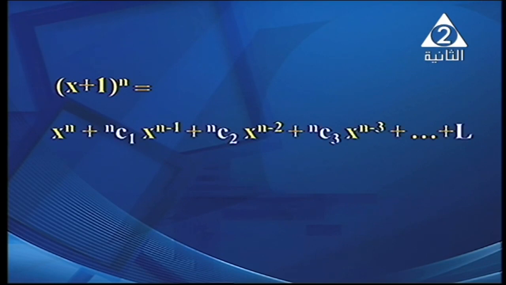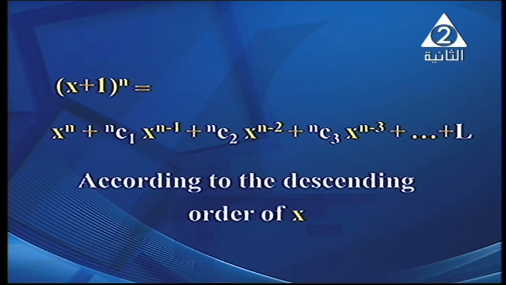My dear student, if we have x plus 1 for all power n, then this is 1 x power n plus nc1 x power n minus 1 plus nc2 x power n minus 2, to the last term. 1 power n is 1, according to descending power of x.